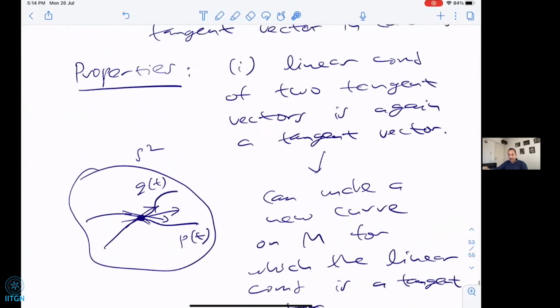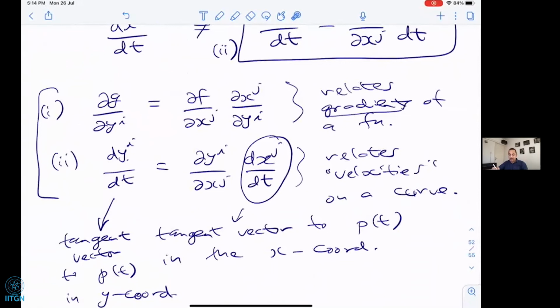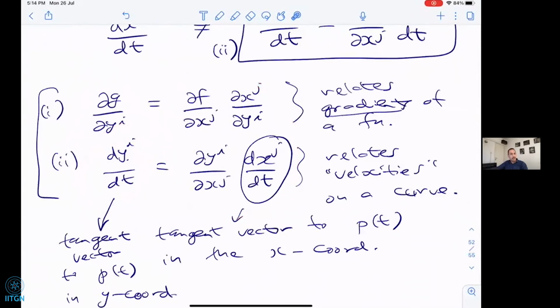In fact, you can explicitly verify from these two laws that if I take dg by dyi and multiply it by dyi by dt, and if I carefully also take the same on the right side, taking care of the dummy indices, then this factor and this factor actually cancel out and I get the equality that I want. Namely, the product of this and this is the same as the product of this gradient and this velocity.